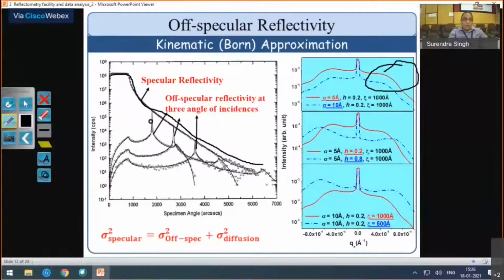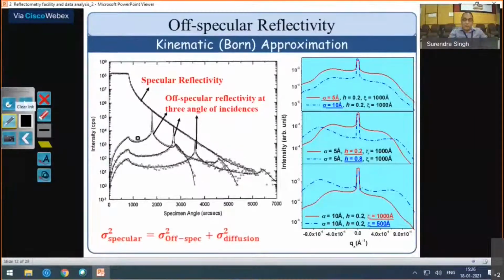And then we have collected the off-specular at a particular angle of incidence. So what we are doing, we are situated at this angle of incidence and we got this off-specular reflectivity. This is one off-specular reflectivity. At another Qz value, another angle of incidence, we have another reflectivity. So we have three off-specular reflectivities, one over here.